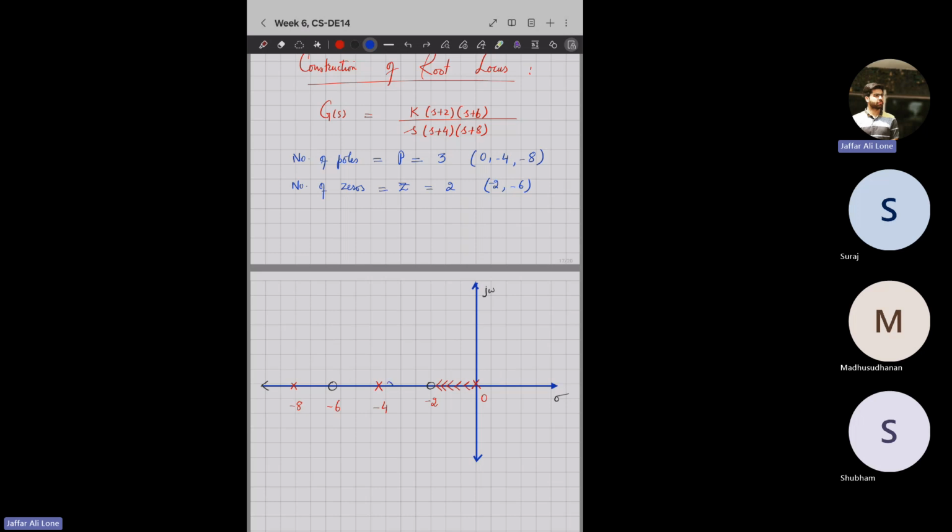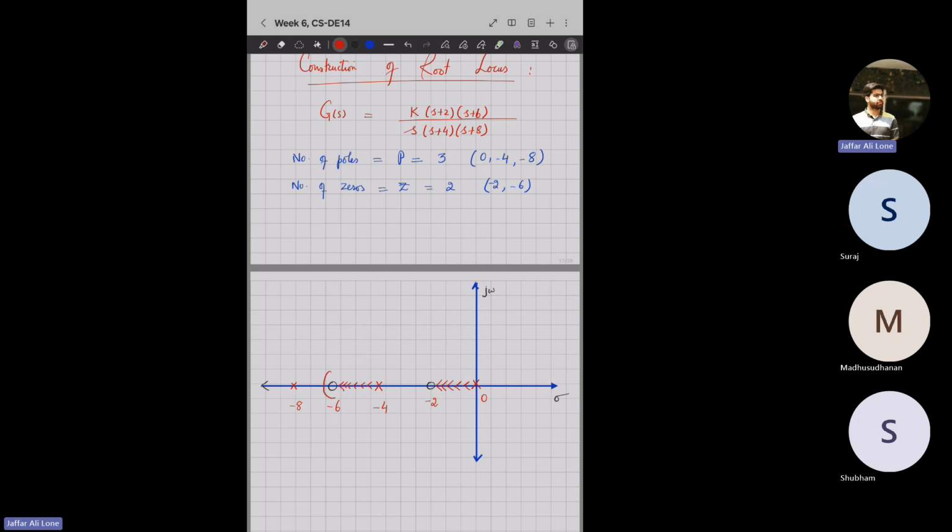It should start here, but we just found out this is not a valid region for the root locus. So it will then go somewhere here, and terminate at minus 6.